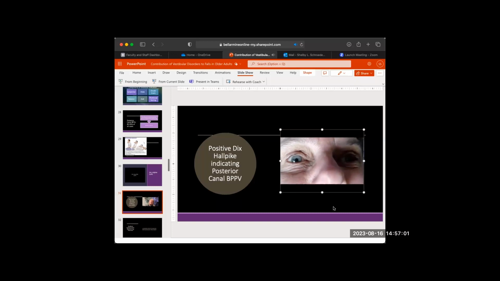It lasts around 15 seconds. Is it sort of gone away now? Yeah. In slow motion, you can see the upward movement of her pupil, as well as the rotation of her eye, where the upper poles are beating towards the left ear, the downward ear. This is, again, a classically positive Dix-Hallpike test and diagnostic for posterior canal BPPV.